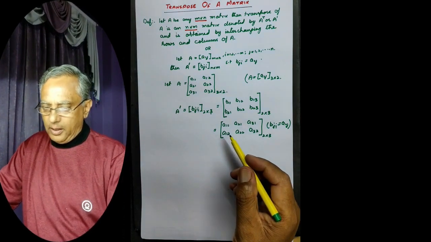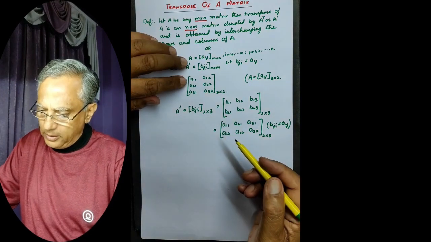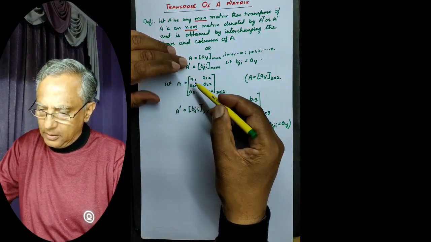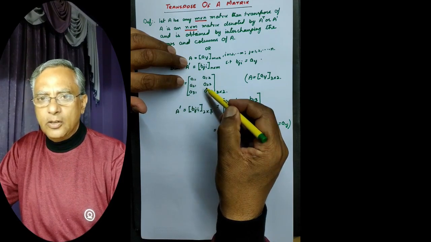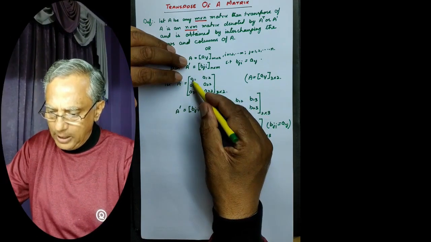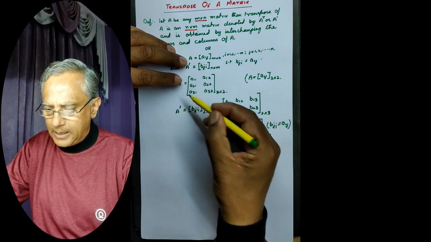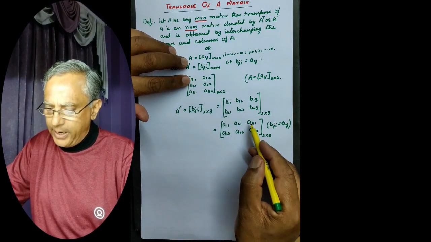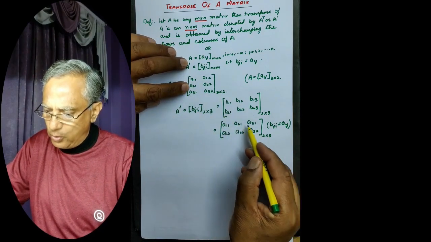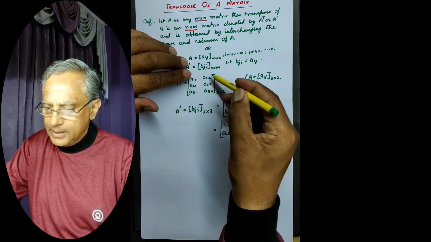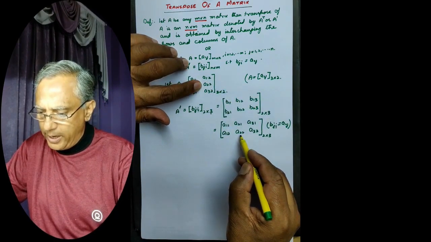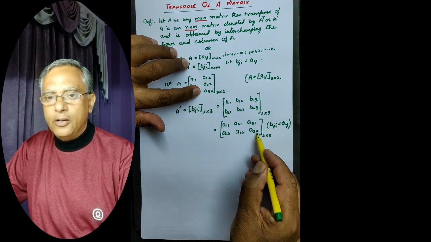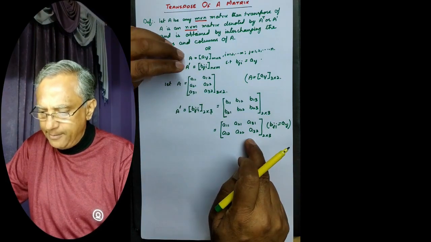And if we note from here, the transpose of A is obtained by interchanging the rows and columns. So the first column will become the first row: A11, A21, A31. The second column will become the second row: A12, A22, A32. So we get the same result.